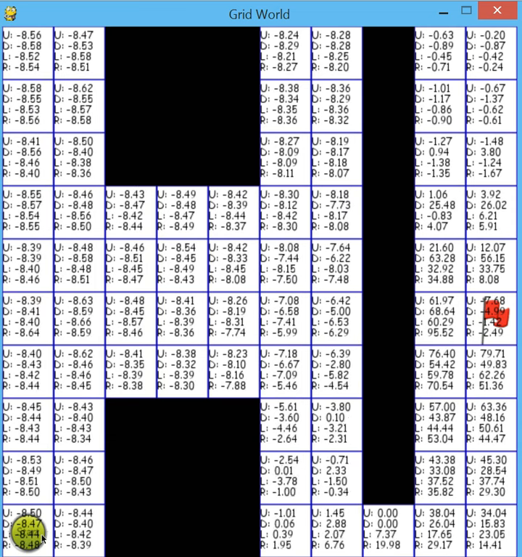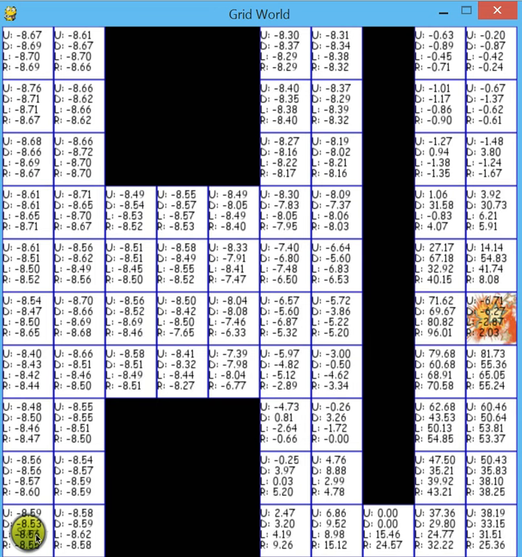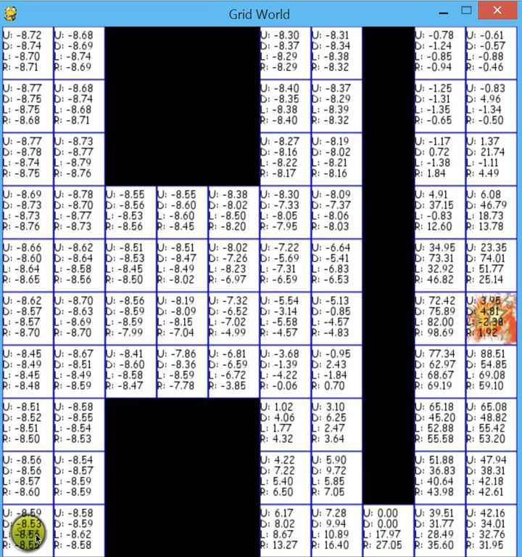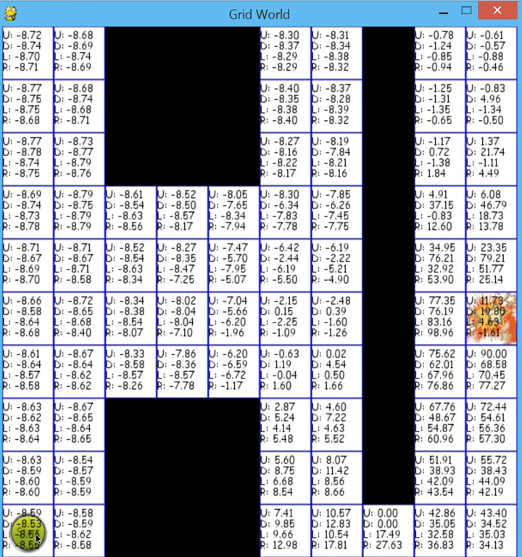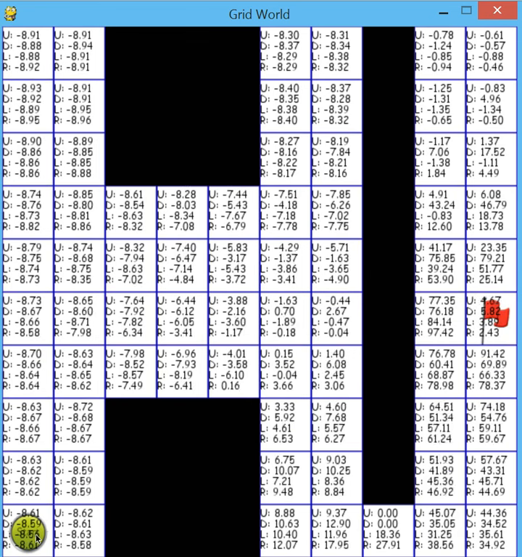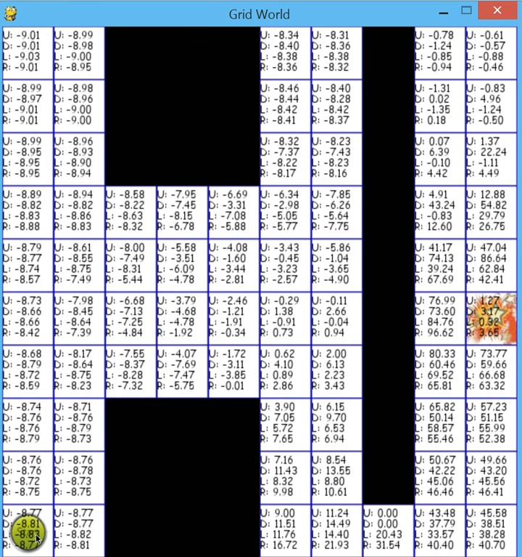So the transition function for this environment is such that with 60% probability, the agent will execute the action that it takes. But with 10% probability, it can go to either of the other three directions or stay in its own place. So the total percentage comes out to be 100%.